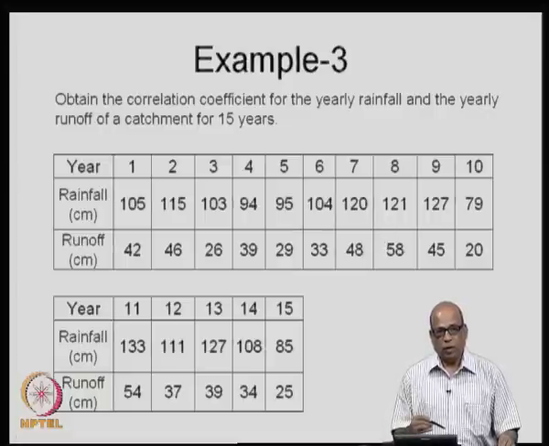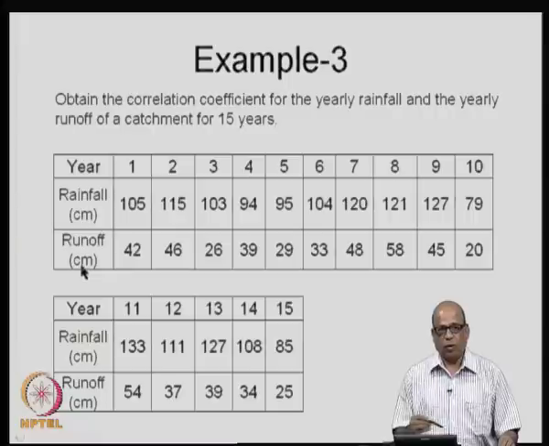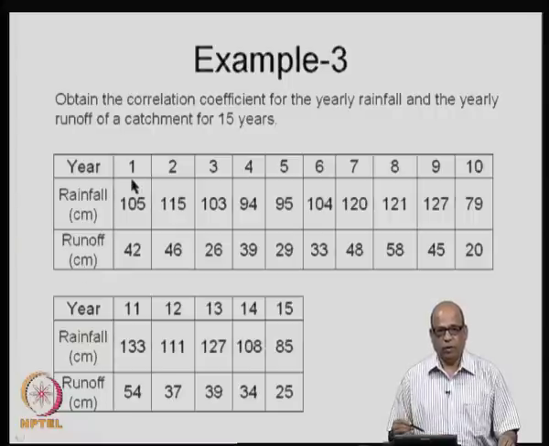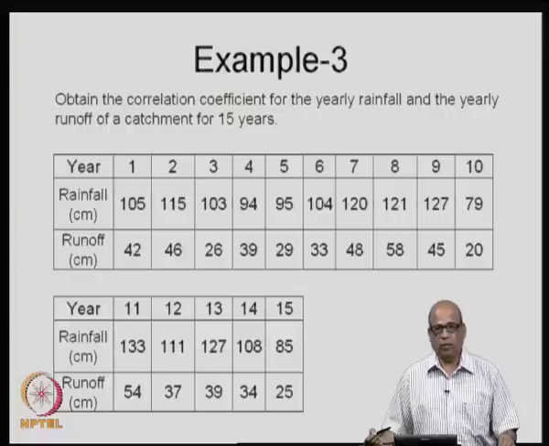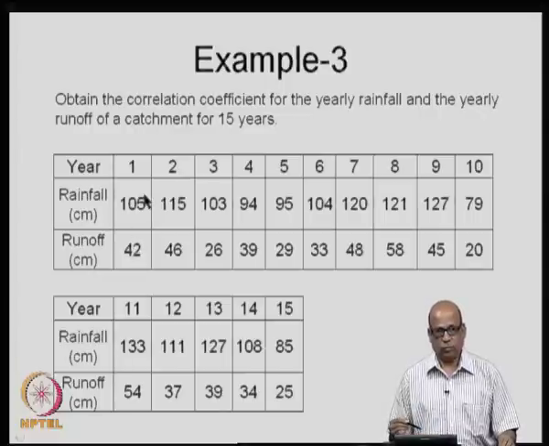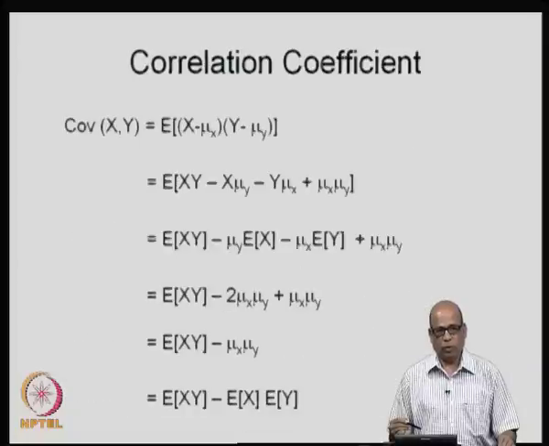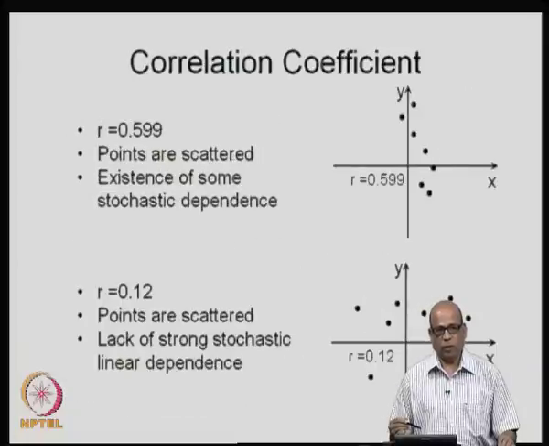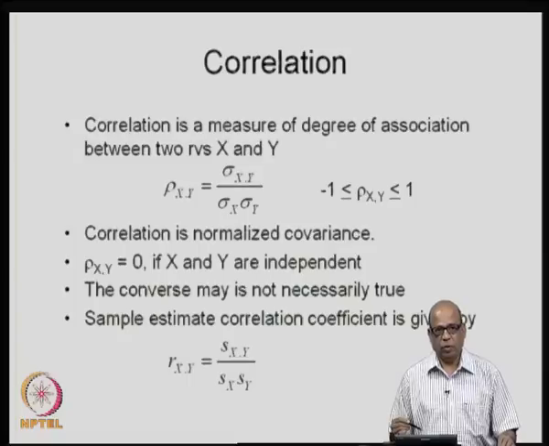Now, we are trying to see what is the relationship, what is the dependence of runoff on rainfall. So, we use the correlation coefficient as a measure of linear dependence and examine how much linear dependence exists between runoff and rainfall. So, we simply use this expression that we have for the sample estimates of rho x y.